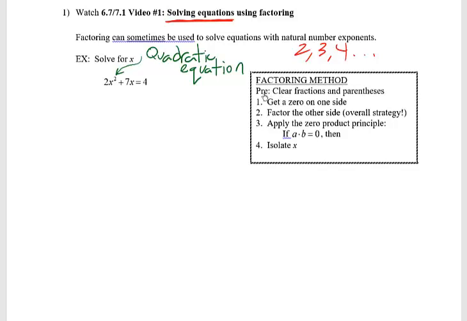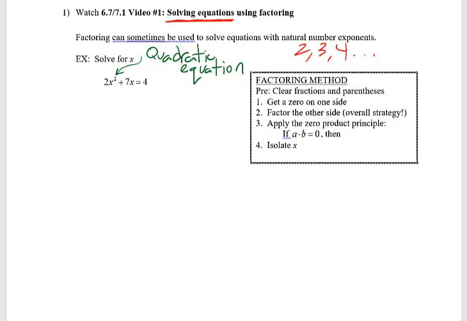So, factoring method, a preliminary step is if you see fractions or parentheses in the equation, they're really in your way. You want to get rid of those things as fast as you can. I don't have anything like that in this example, but if I did, I would clear the fractions or I would distribute to get rid of the parentheses. The main first step in the factoring method is maybe a strange sounding one. You have to get a 0 on one side.